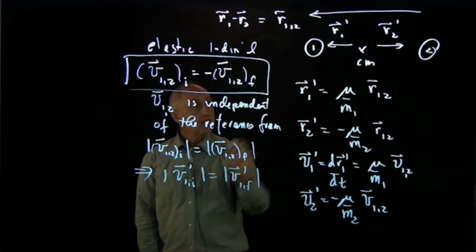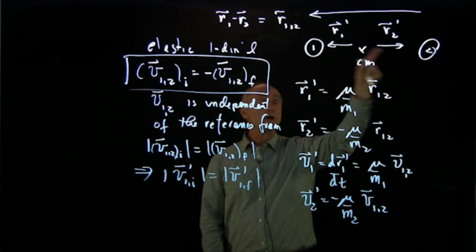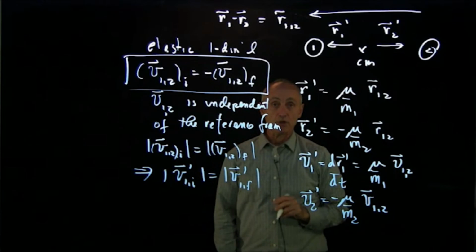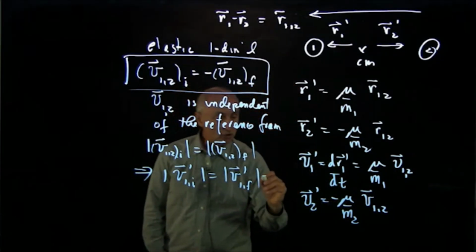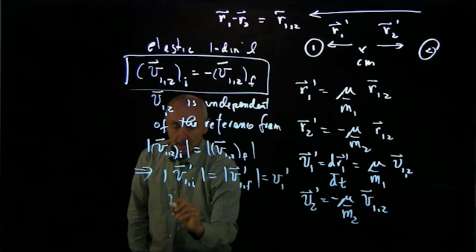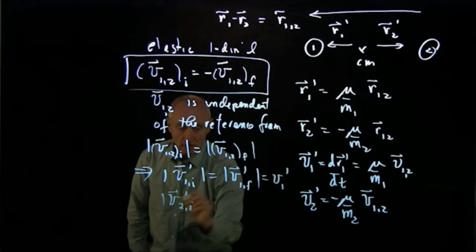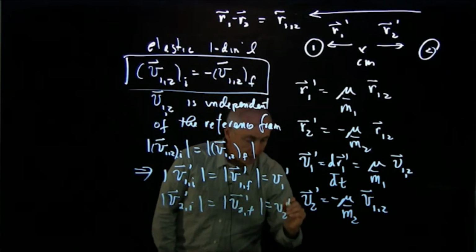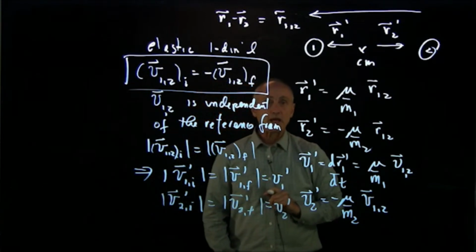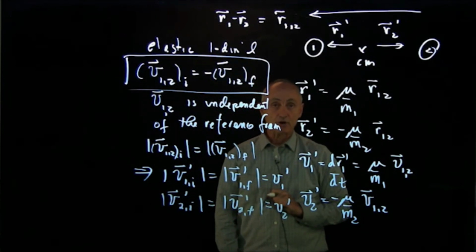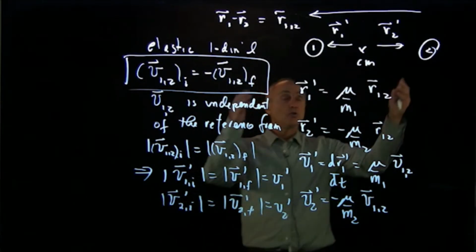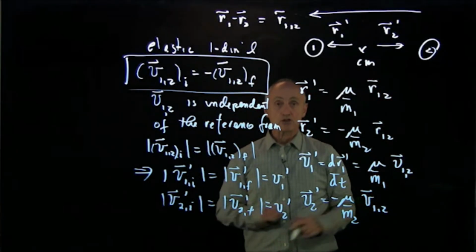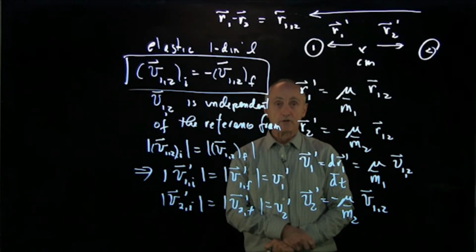So the speeds of objects 1 and 2 in an elastic collision in the center of mass reference frame do not change magnitude. Likewise, v2 prime initial is equal to v2 prime final, and this will make our analysis of collisions in the center of mass reference frame very easy. Two objects, when they're colliding in the center of mass reference frame, their speeds do not change. Only the direction of their velocities changes.